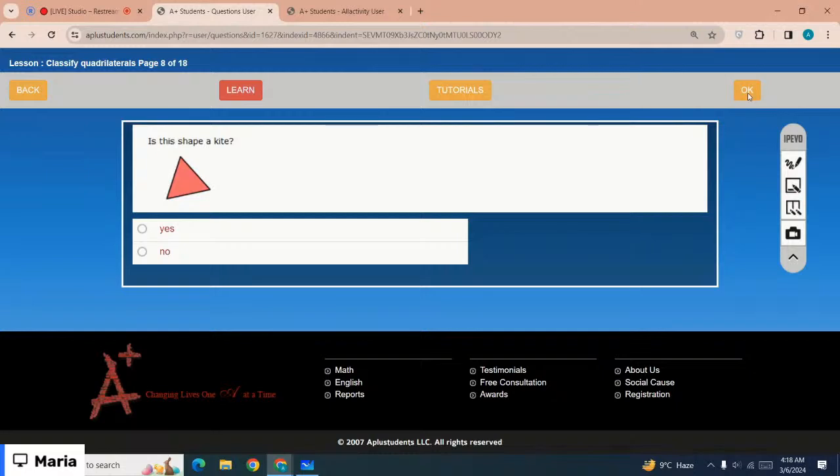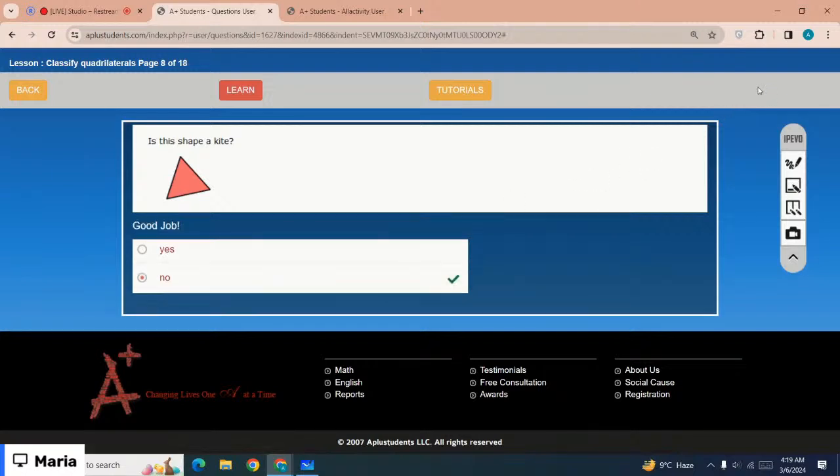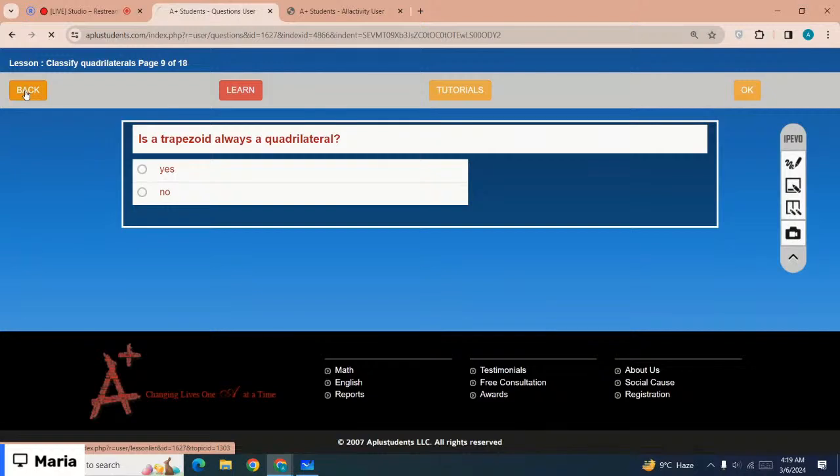Is this shape a kite? No, this is not a kite because a kite is a four-sided shape, right? Okay, you can complete the lesson by yourself later today. Let me move on to the next lesson.